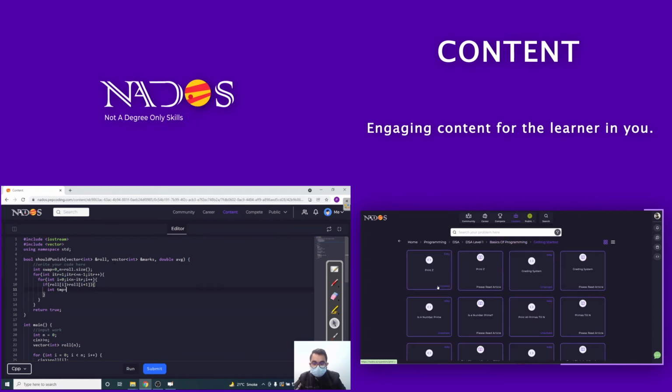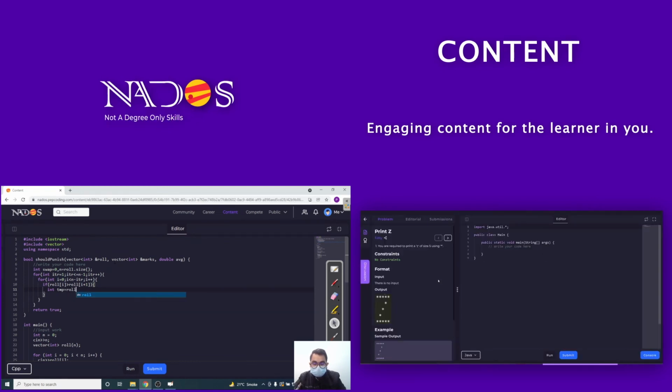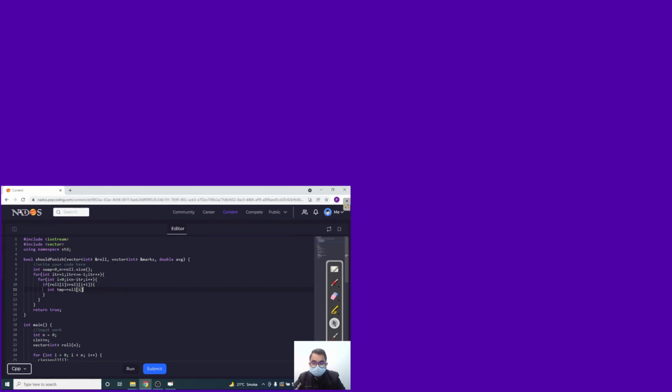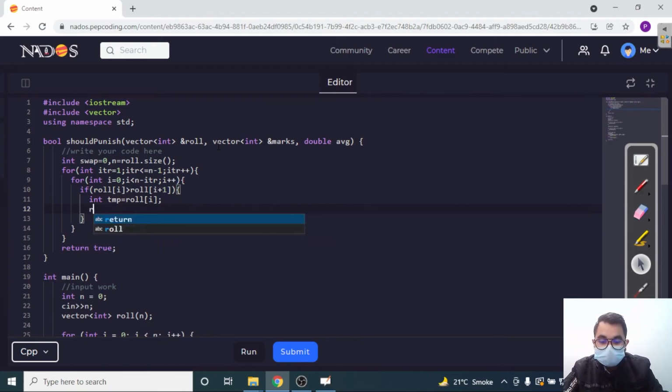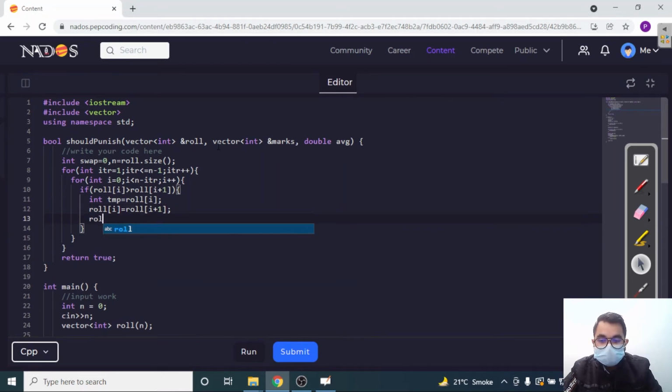Temp equals roll I, and roll I equals roll I plus 1, and roll I plus 1 equals temp. That's it. We are done with the swapping. We are done with the bubble sort.